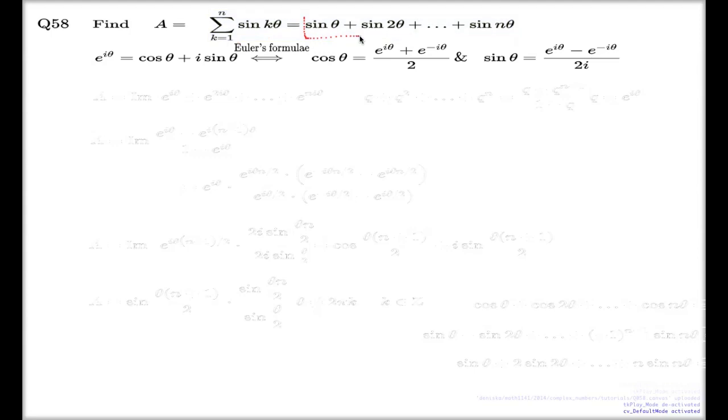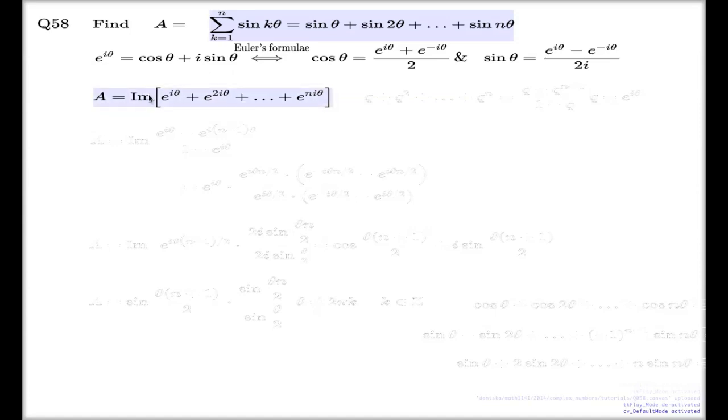So Euler formulae essentially give me this. If I want to find this a, I can say that a is just the imaginary part of the sum of the exponentials like this. Because by Euler formula, the imaginary part of this exponential will be sine theta, the imaginary part of this exponential will be sine 2 theta, and the imaginary part of this exponential will be sine of n theta.